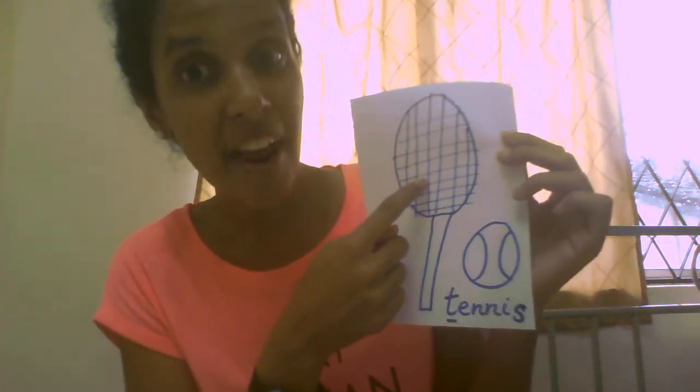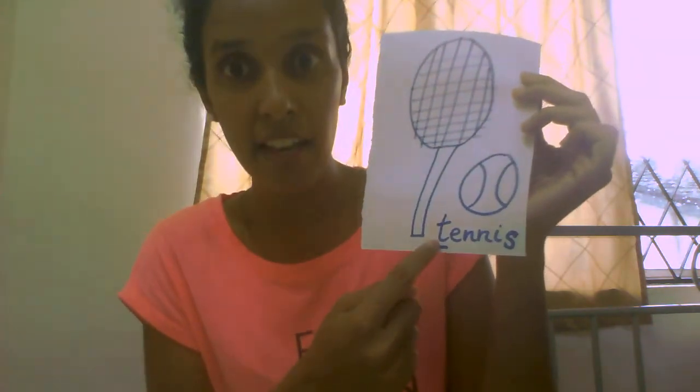And I'm pretty sure you know this game. It's called tennis because there's a tennis racket there and a tennis ball. And this game is called tennis. Tennis begins with a T sound. T for tennis.